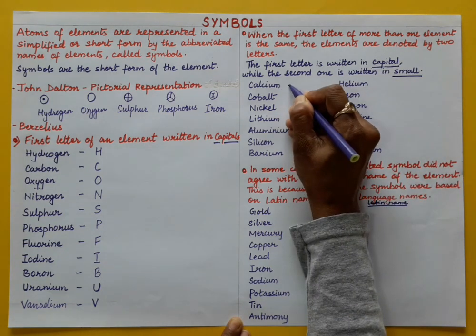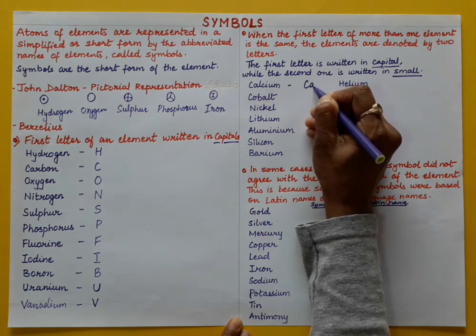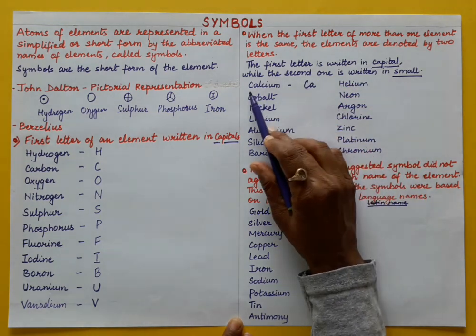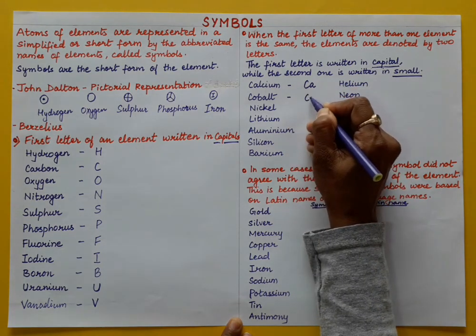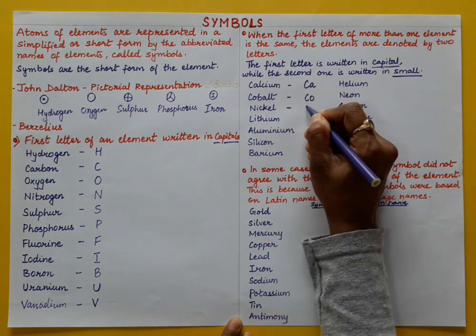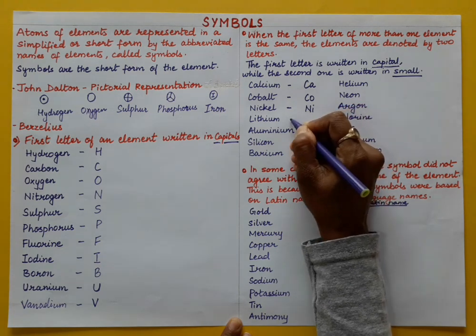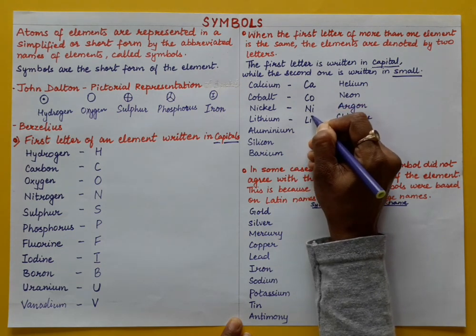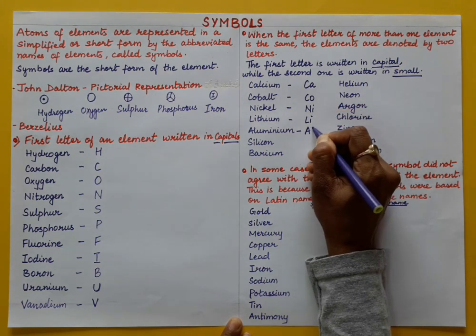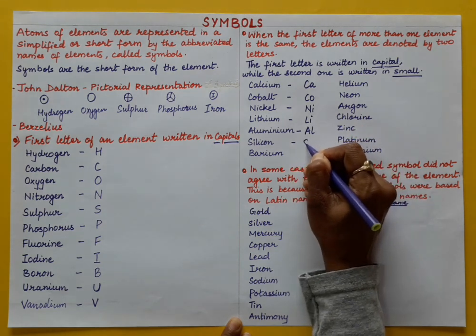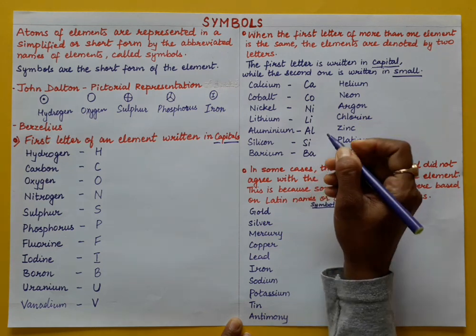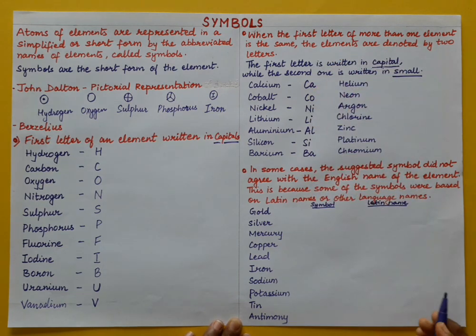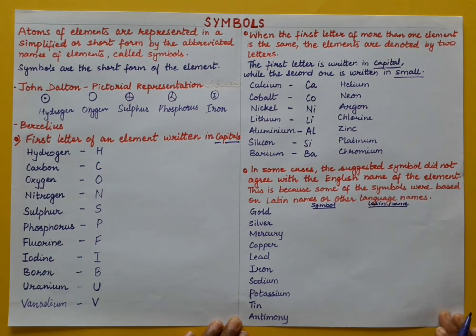So for calcium, the symbol taken was Ca. First two letters, first letter capital and second letter small. For cobalt, Co. Then nickel, Ni. Lithium is Li. Aluminium is Al. Silicon is Si. And barium is Ba. You will see that all of them have the first letter in capital and the second letter in small.